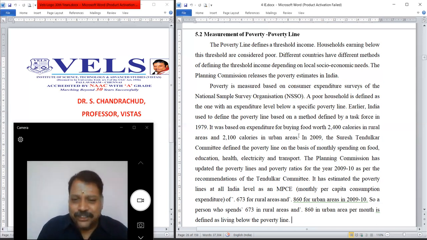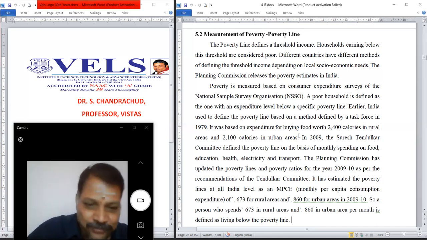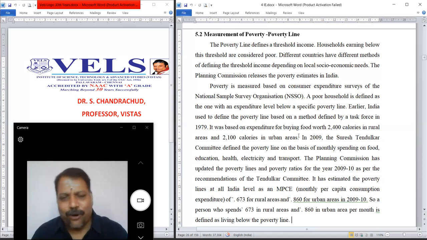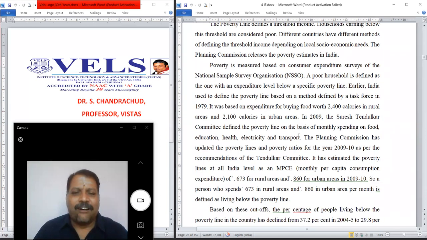The Planning Commission has updated the poverty lines and poverty ratio for the year 2009-10 as per the recommendation of the Tendulkar Committee. It has estimated the poverty line at the all-India level. The monthly per capita consumption expenditure should be rupees 673 in rural areas and rupees 860 in urban areas.